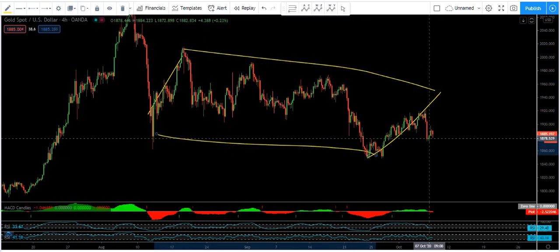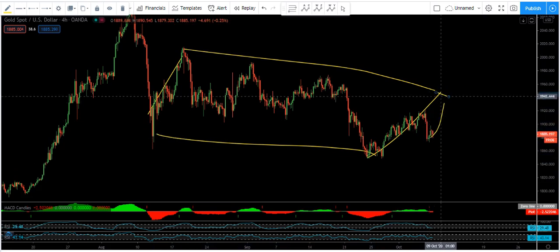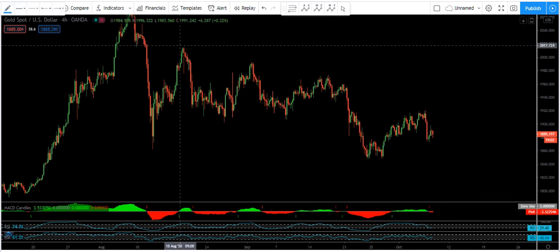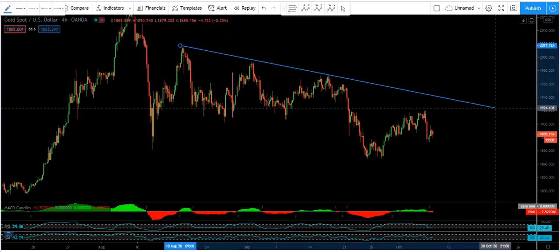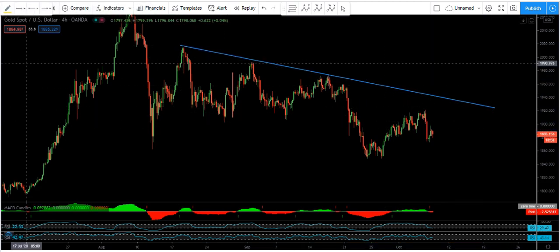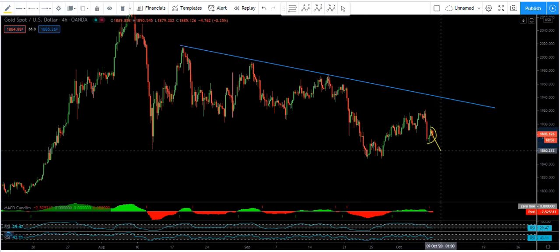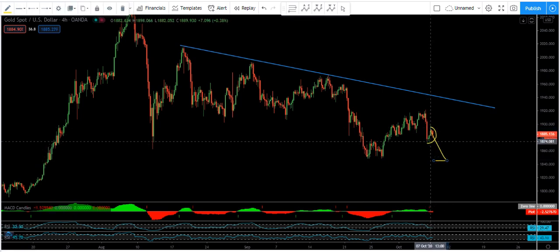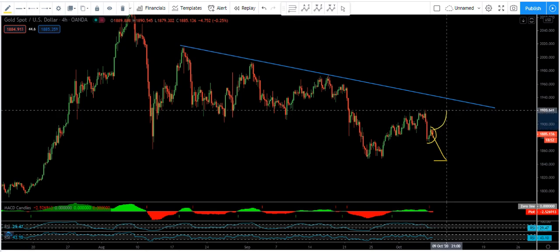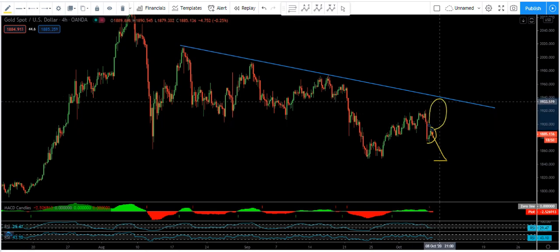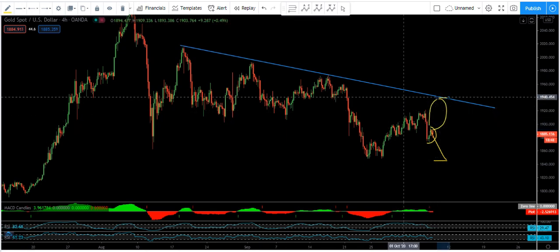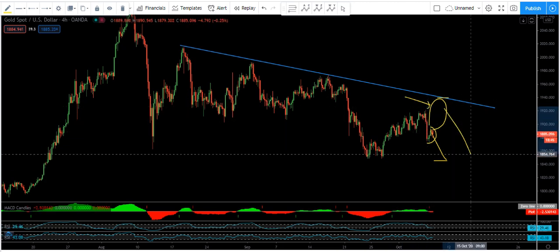That means we are expecting the price to come somewhere around here before dropping. In that case, if I draw this line again, there is a possibility the price from here comes to this level. The second possibility is the price comes somewhere around here, maybe to this level, which means it fills this gap before this drop.